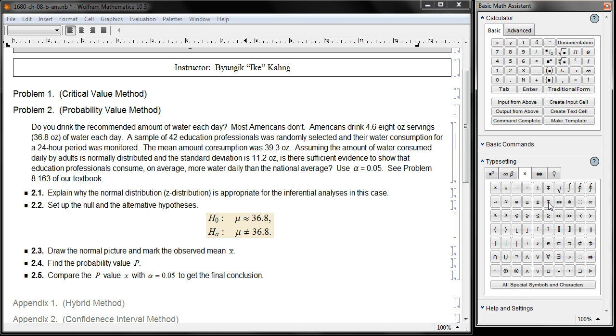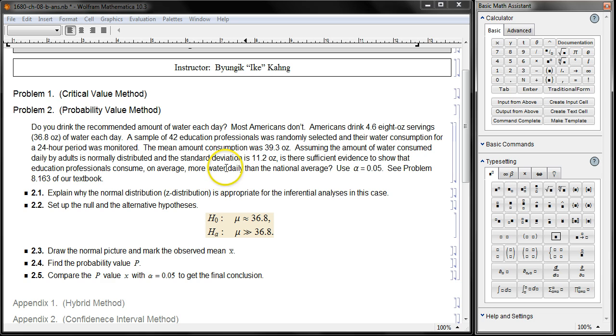Well, the third case is rather rare. And if you read the problem more carefully, the problem explicitly says more water. So which is it? Bigger, less, or not equal? It should be significantly bigger. That's one indicator, more water. There's another indicator right here, 39.3. The sample statistic, which came from the observed mean, is 39.3. That's clearly bigger than 36.8.